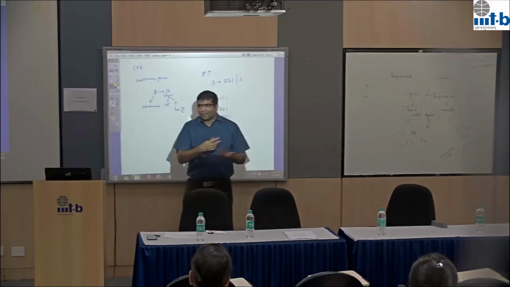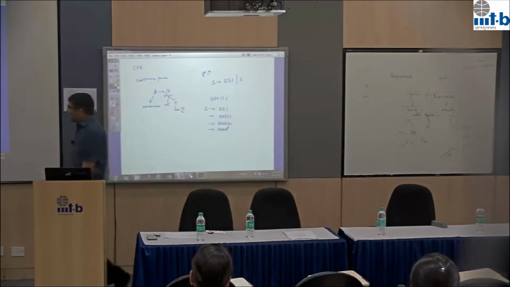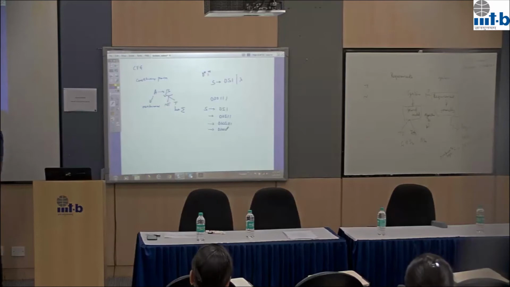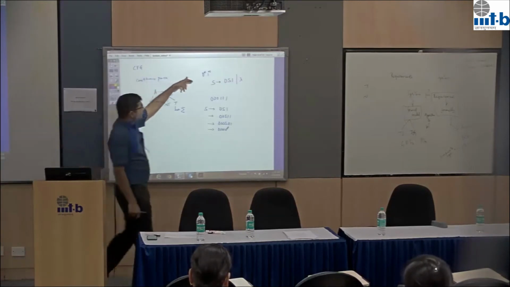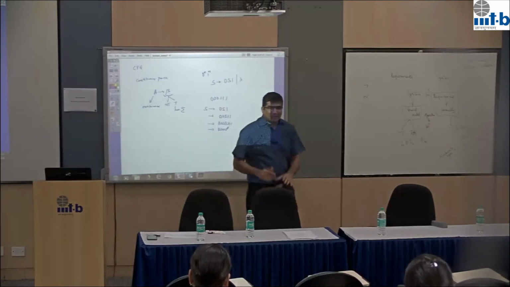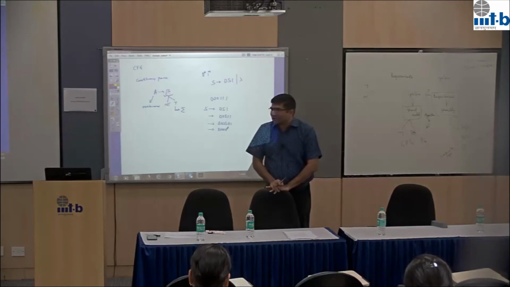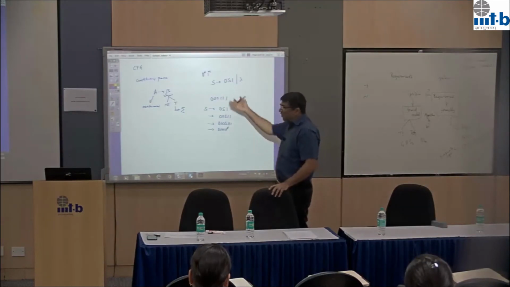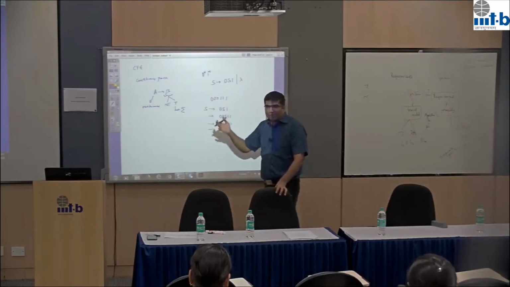There are no more non-terminals in the string, and this is the string that we started out with. So if you are able to generate the string from the start symbol, then we say that we have recognized the string. We can also do a bottom-up technique for this parsing.